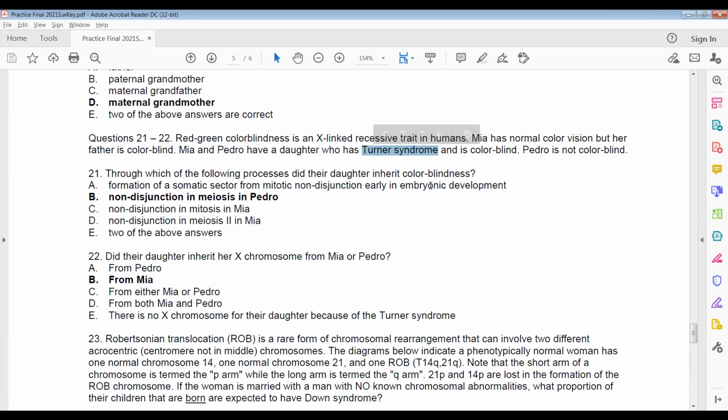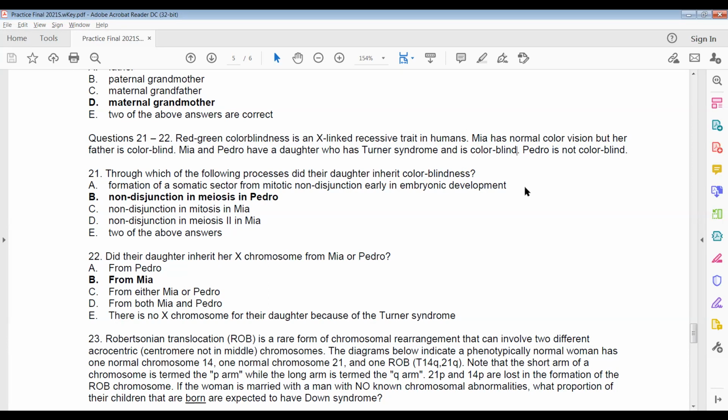Turner means this female, the daughter, only has one X chromosome, just one X chromosome. And their daughter is a color blind girl.